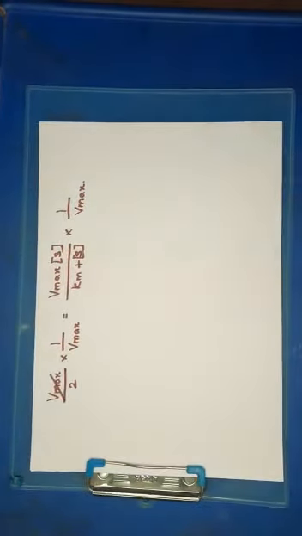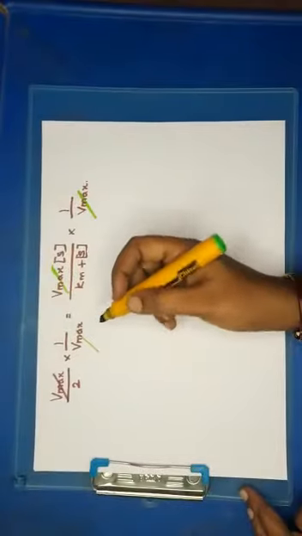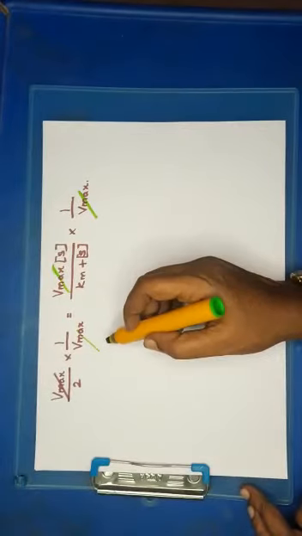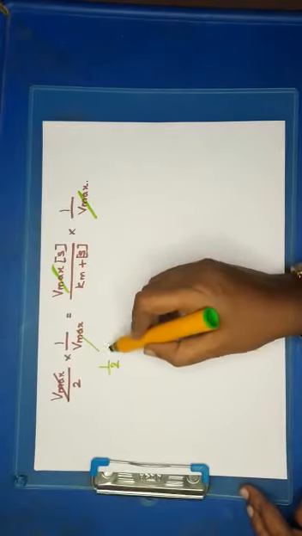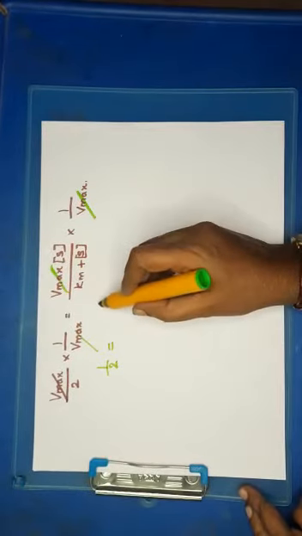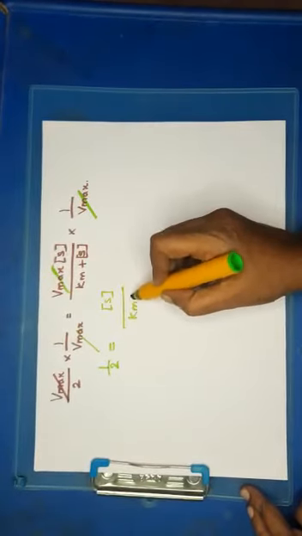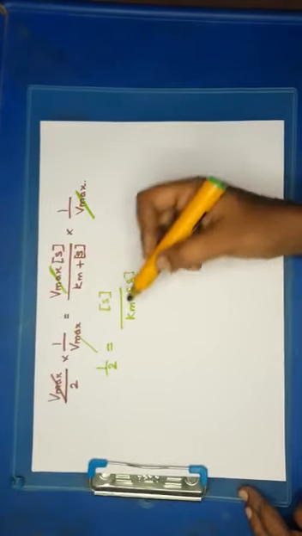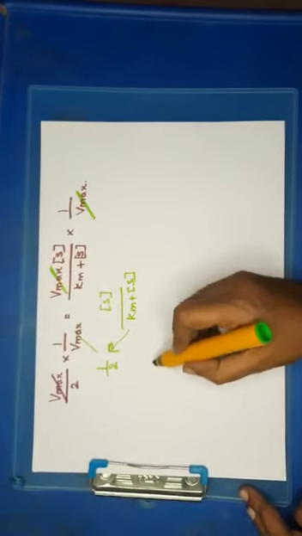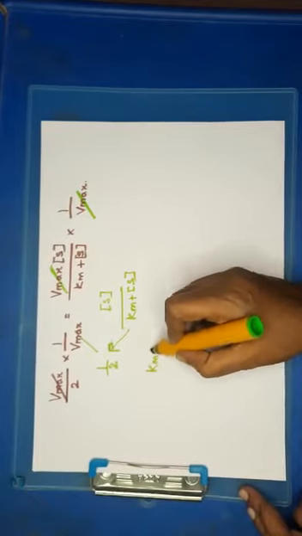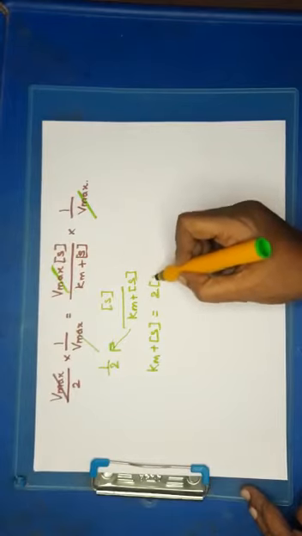So the common terms are cancelled. After cancelling the terms, you will be getting 1 by 2 is equal to S divided by Km plus S. On cross multiplying this equation, we will be getting Km plus S is equal to 2S.